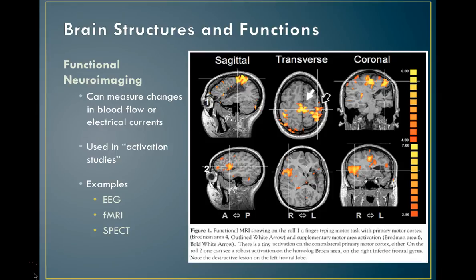A lot of times we will do things like activation studies where we will have someone in either an fMRI, an EEG, or a SPECT, and we will then put different stimuli in front of them to see what activates in the brain. So again, this is looking at either blood flow or electrical current activation.